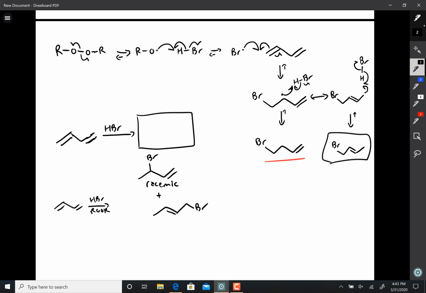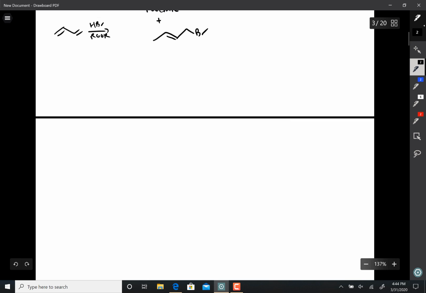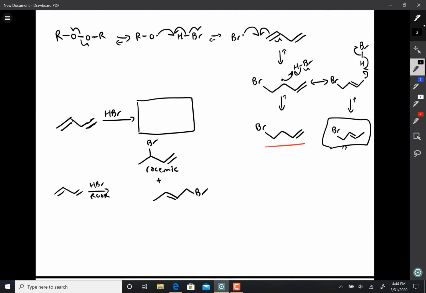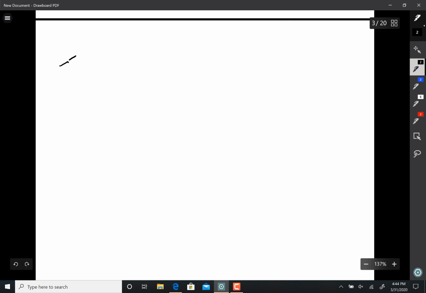Now, a lot of people are wondering, why is this one the major one when the secondary carbocation is the better one? So I meant to talk about this a little bit later on in class, but let's just talk about it now. You do this reaction at 40 degrees. The major product is indeed this.